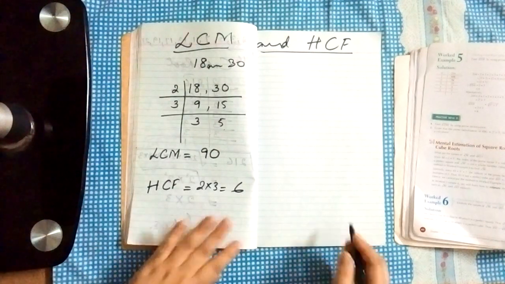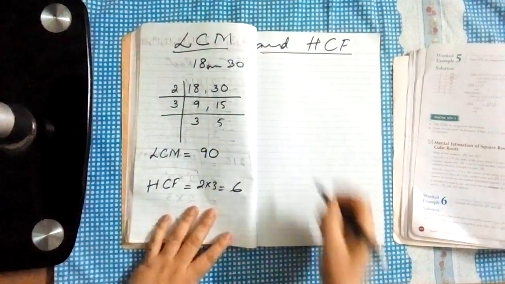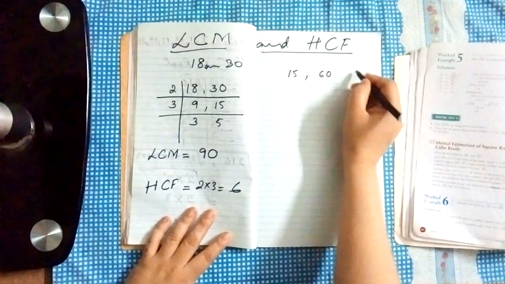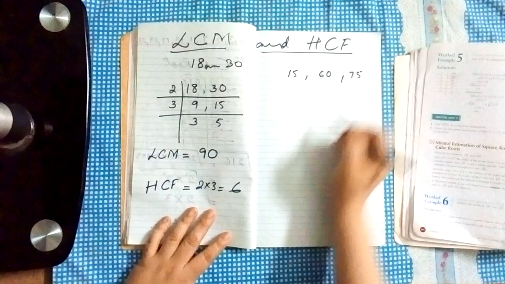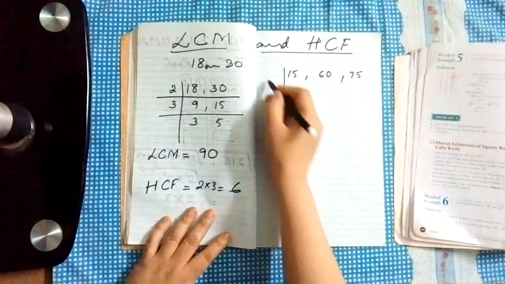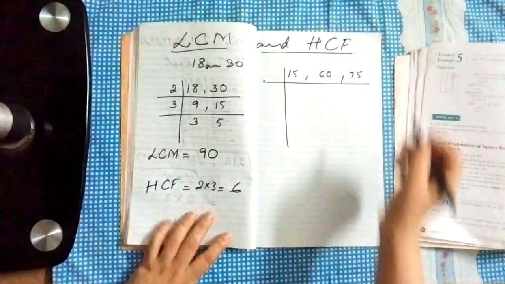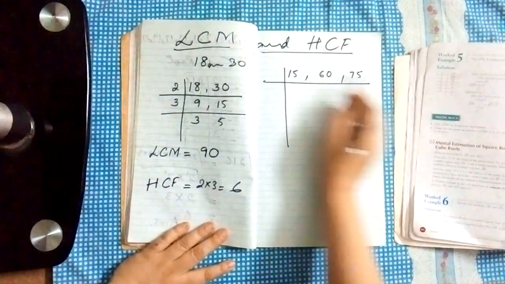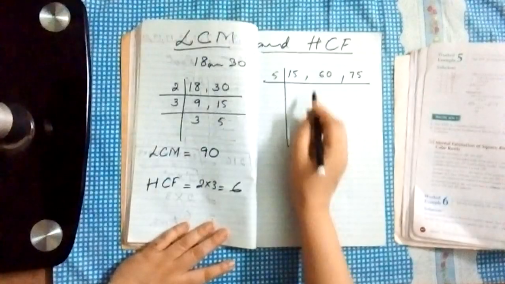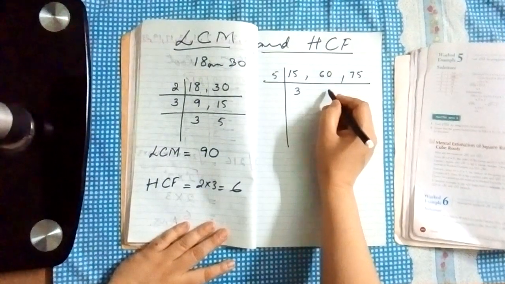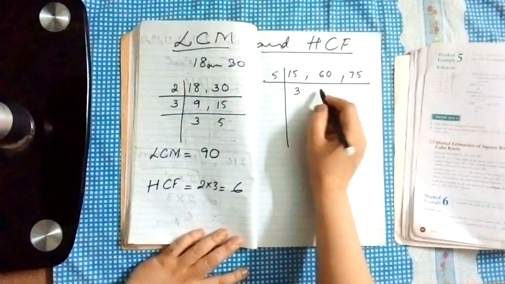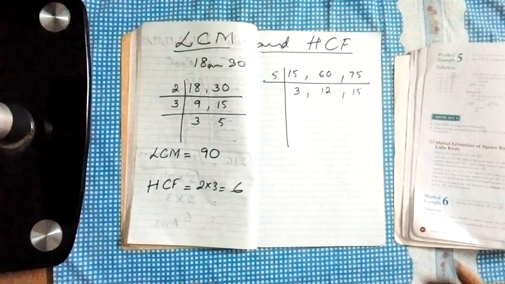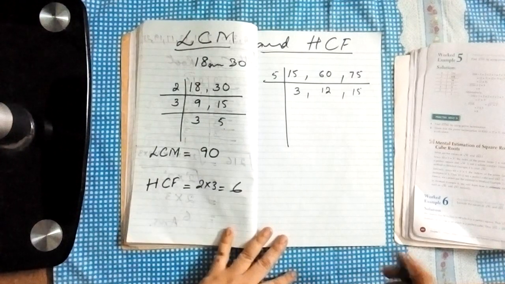Taking another example, 15, 60 and 75. There are three numbers, 15, 60, 75. And we are going to take the common number. All three numbers come in the table of 5. 5 threes are 15, 5 twelves are 60, 5 fifteens are 75.